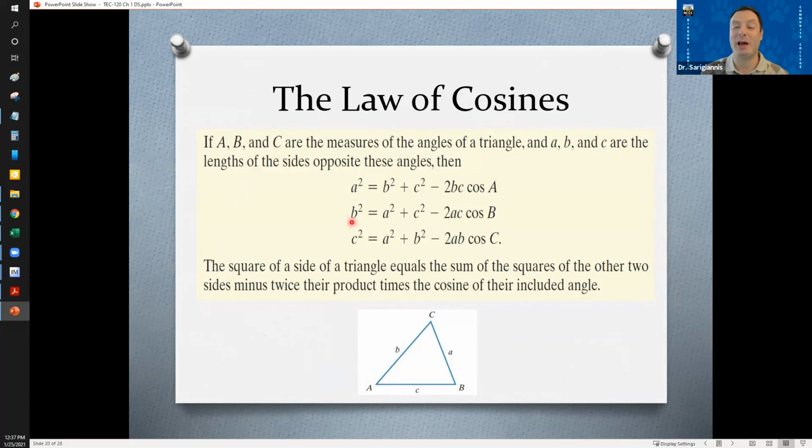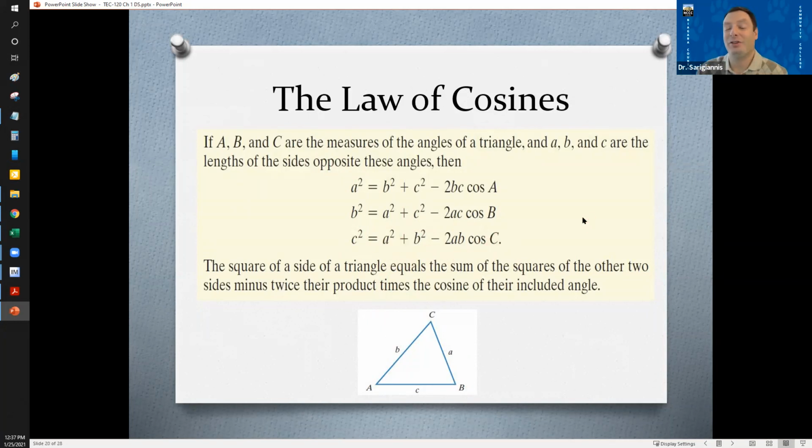And you can see it being applied here, right? B squared equals A squared plus C squared minus 2AC cosine B. I'm not going to give you 3 equations. You can just basically know one equation and know that it's analogous, right? If you rotate it around, A is here, now it's B here, it's the other two with the angle B. C, you're looking at angle C and the other two sides.